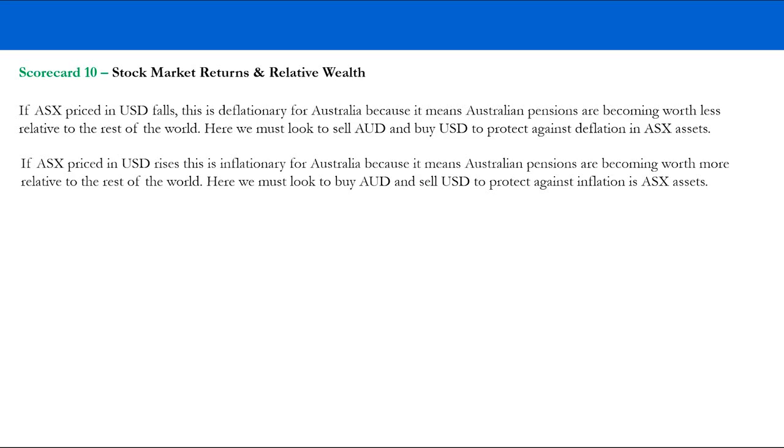So if the ASX priced in US dollars rises, this is inflationary for Australia, because it means Australian pensions are becoming worth more relative to the rest of the world. So here we must look to have a long bias towards the Aussie dollar, US dollar exchange rate in order to protect ourselves against inflation.